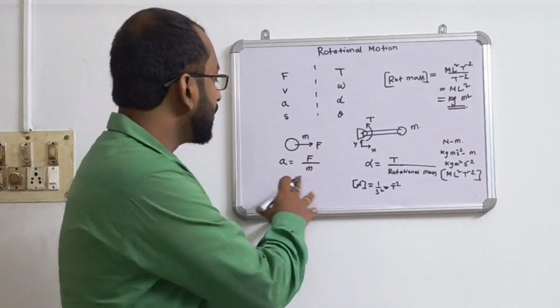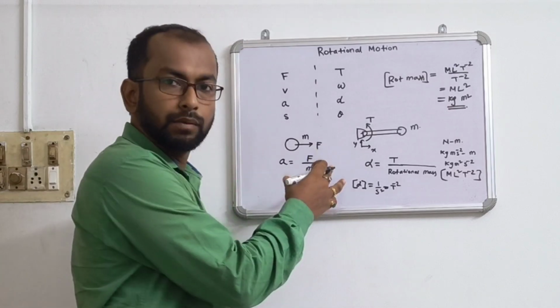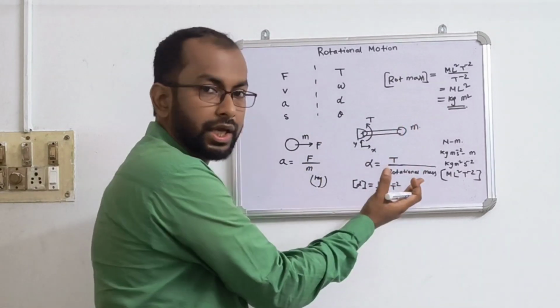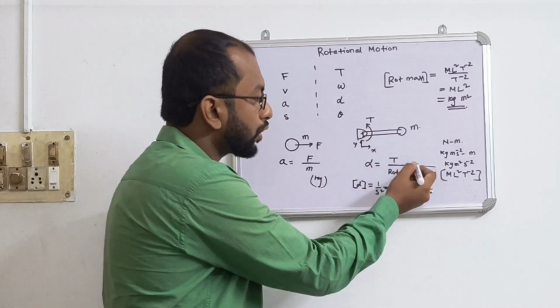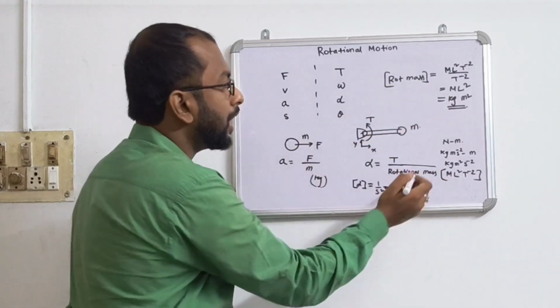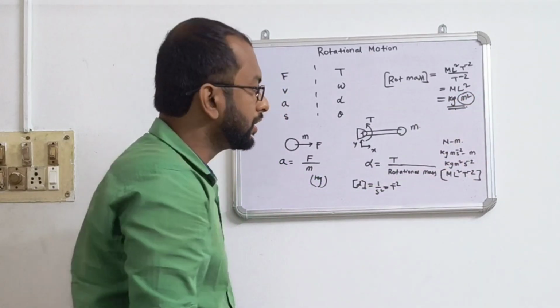See, in the linear case, it is only kg. If we divide the force by the mass, that is kg, we will get the acceleration. In the rotational case, if we apply torque, we have to divide the torque by not only the mass, but meter square is also multiplied with mass.